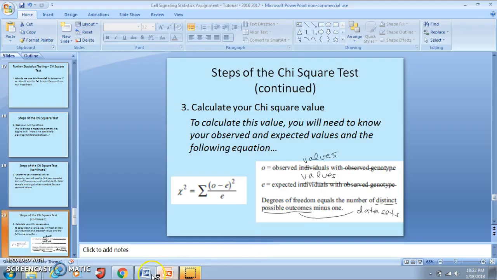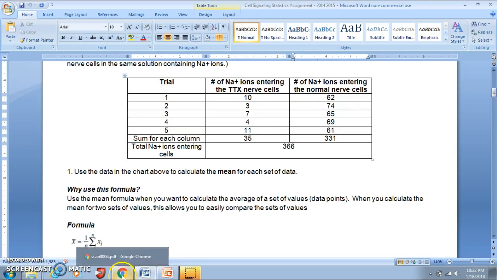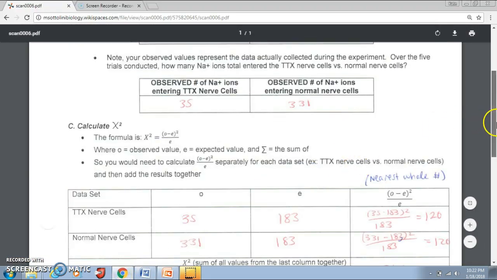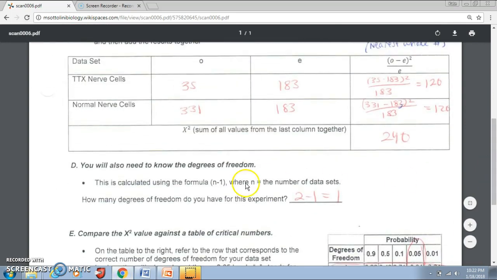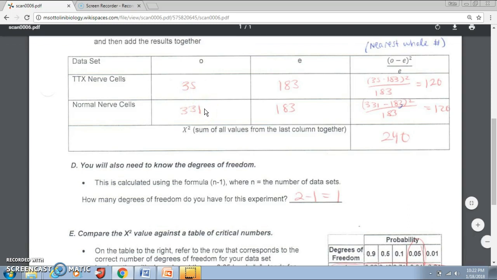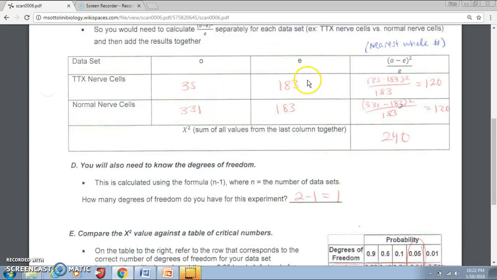Then, for our TTX versus our normal nerve cells, let me go back to my key. I'm filling in my values for O and E: 35 as my O for TTX, 331 as my O for normal, and 183 for my E for both TTX and normal nerve cells.